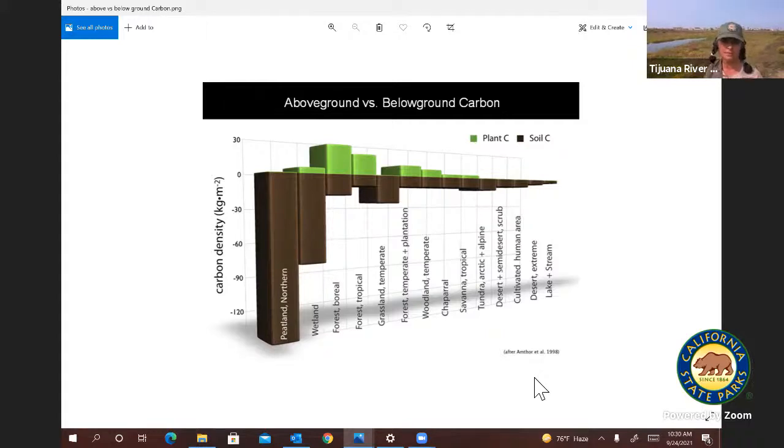We're going to think about carbon, the material that makes up those plant communities. So some plant communities store carbon below the ground very well, and some plants have carbon above the ground.